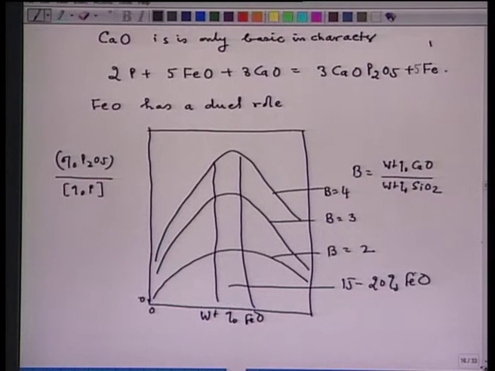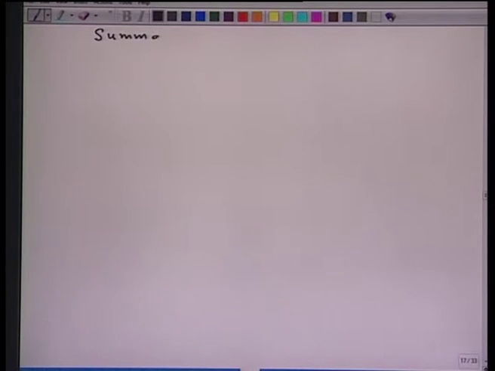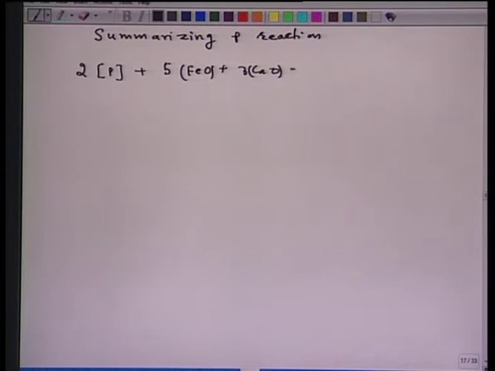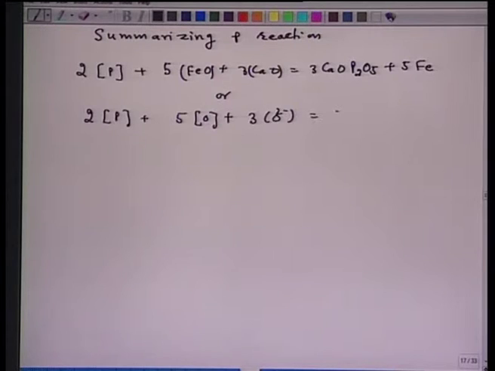Now, summarizing the phosphorus reaction, you can write down 2P plus 5FeO plus 3CaO equal to 3CaO·P2O5 plus 5 iron, or in the ionic form we can also put it as 2P plus 5O plus 3O2- equal to 2PO4 3-.